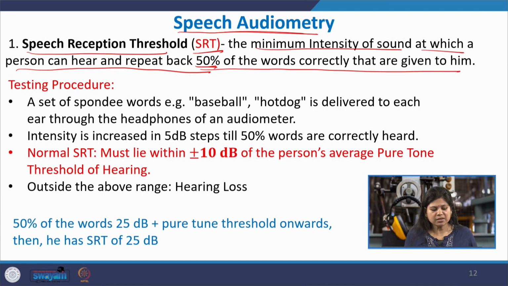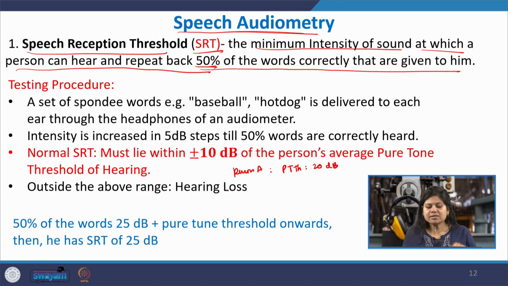And what happens here, usually the pure tone audiometry is done first and that is followed by the speech audiometry. So, suppose the pure tone audiometry has already been done and the pure tone threshold of the person has been noted down. Let us say some person A had a pure tone threshold of 20 dB.